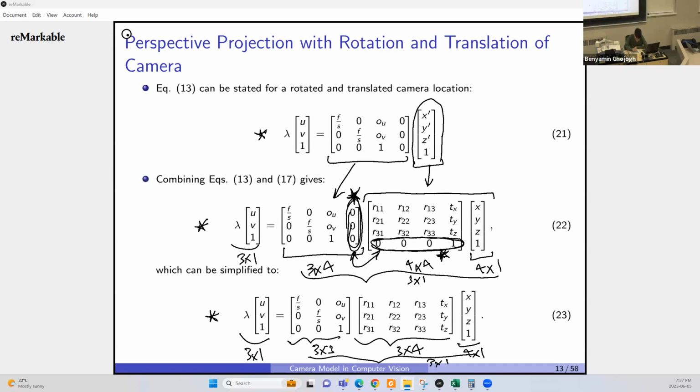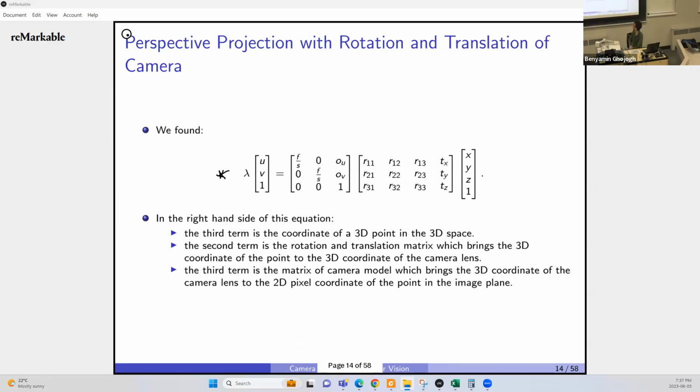Now, I have repeated what we found here. Let's interpret it. Very interesting. What do we have in the left-hand side? u, v, 1, which are pixels in the image. What do we have in the very right-hand side? X, Y, Z, 1. By the way, these are in the homogeneous coordinate system. What is that?